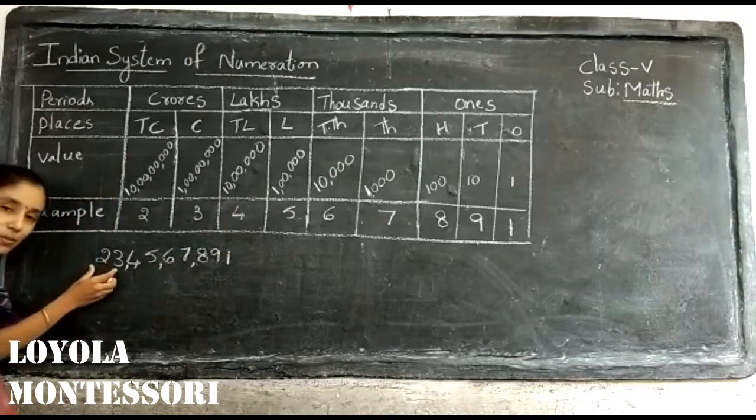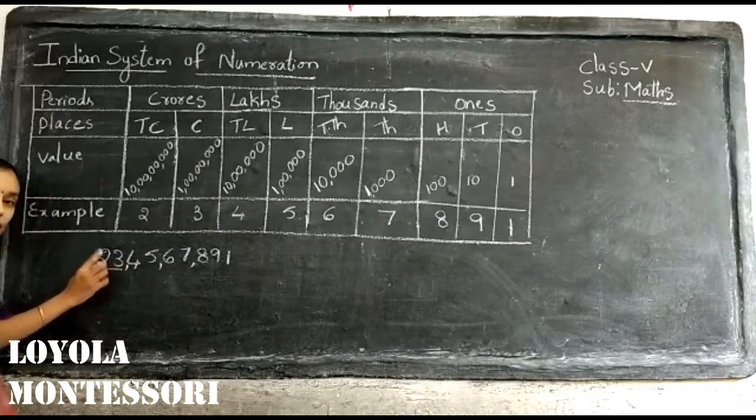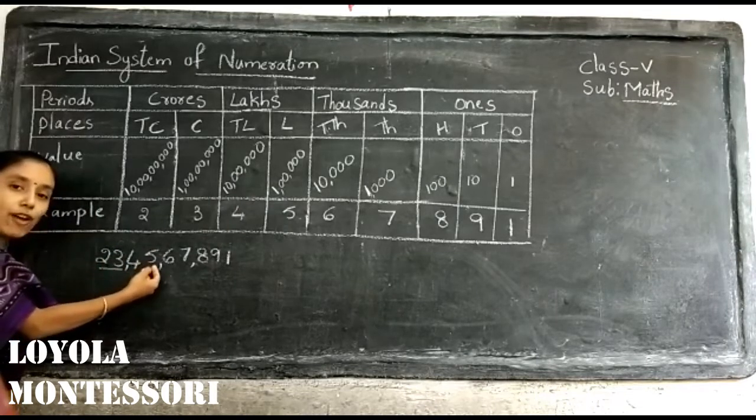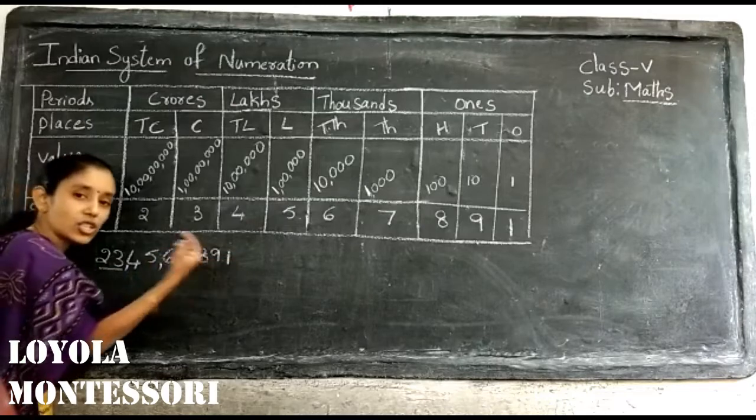Now while writing the number name, first 23 is in crores period. So 23 followed by its period name: 23 crore, 45 lakh, 67,891.